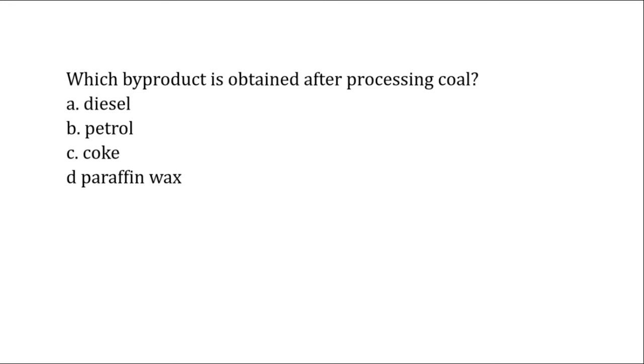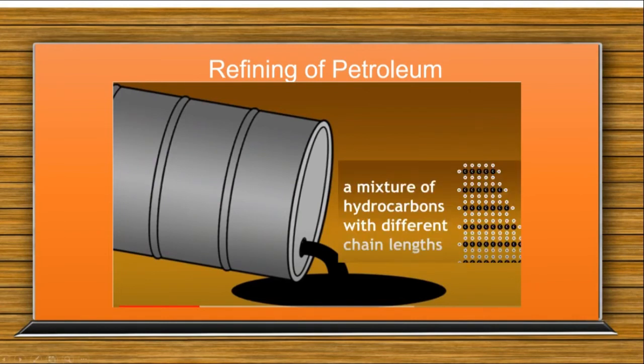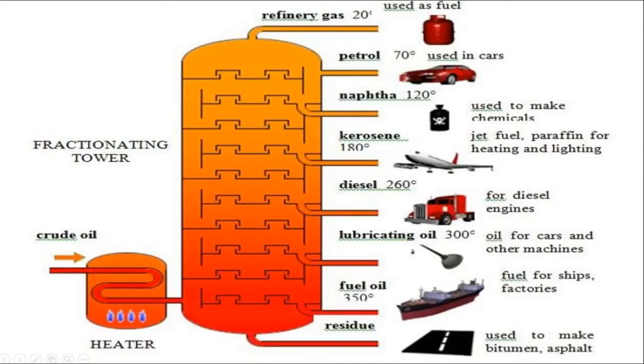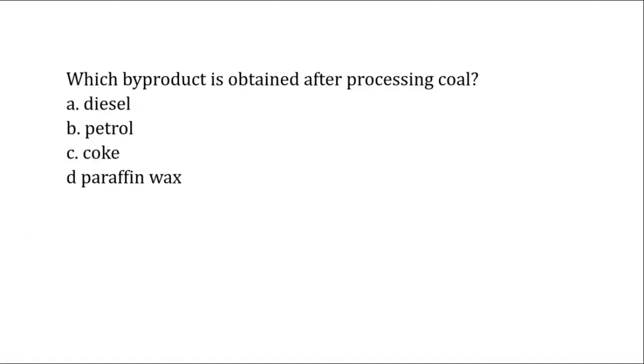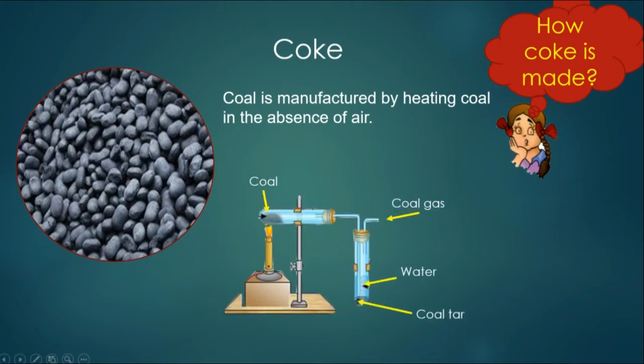Because the options which are given there are diesel, petrol, coke and paraffin wax, out of which the first 2, A and B, diesel and petrol, and then paraffin wax are components of crude oil which are obtained in the fractional distillation of petroleum, whereas coke is obtained when coal is heated in absence of air, right? So the right choice is coke.